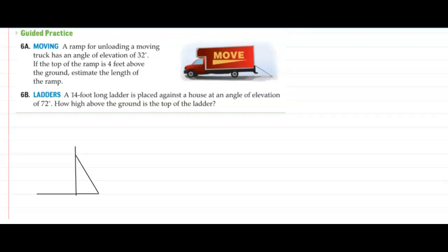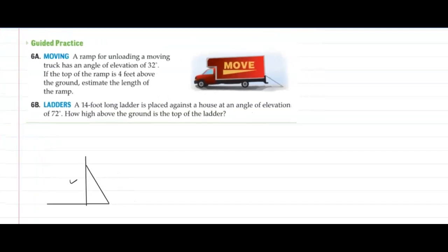Okay, you can get as decorative or basic as you want. I'll just draw a little front door and a roof on my house. Right here, this is my ladder leaning up against the side of the building. It's a 14-foot long ladder.